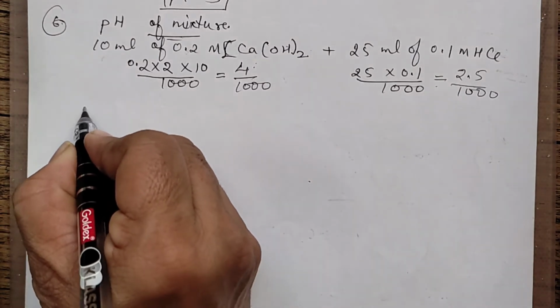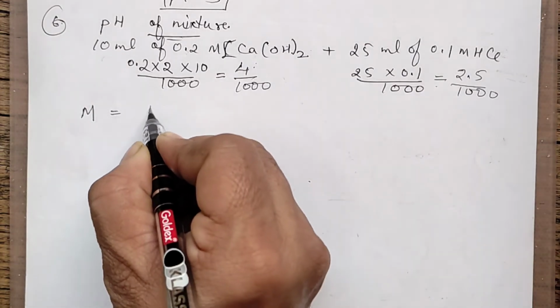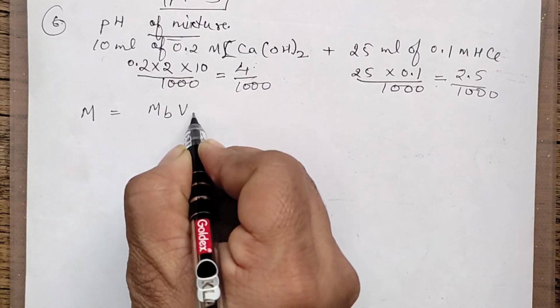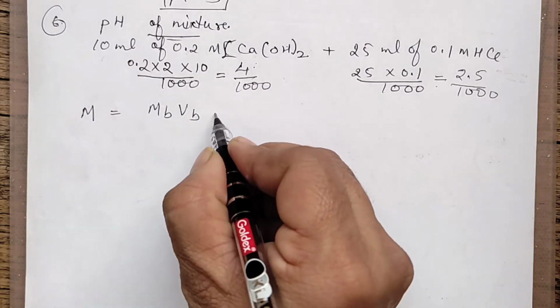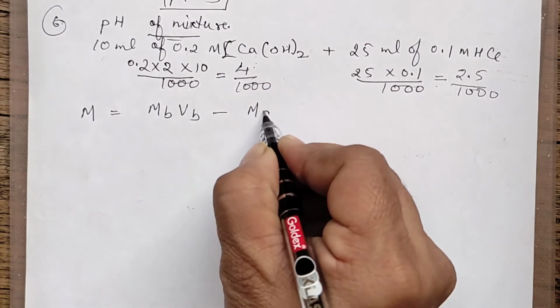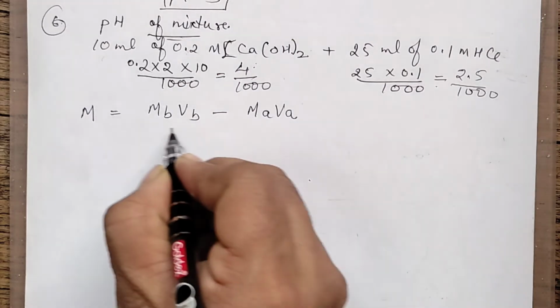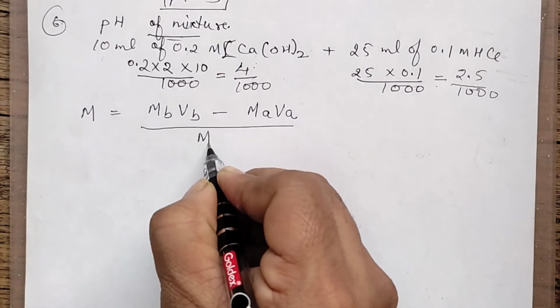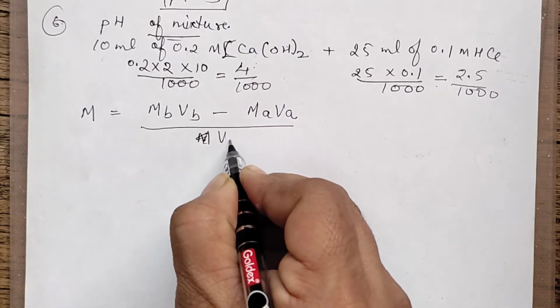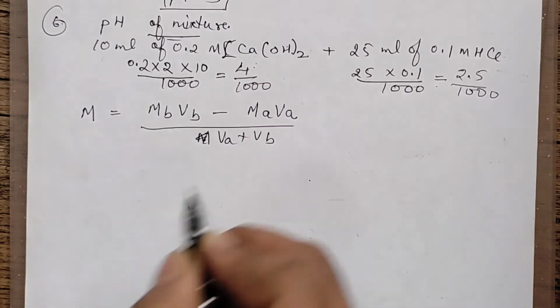So our resultant mixture will be MbVb, that is molarity volume for base, minus molarity volume for acid, divided by the sum of the volumes of both acid and base.